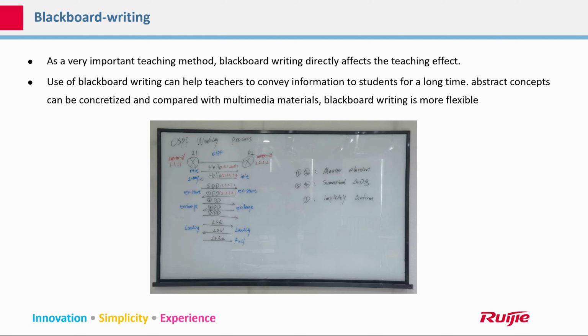As you can see in this figure, this is about the OSPF working process: the messages that R1 and R2 exchange during the neighbor relationship establishment and the states in this process. This is very complex, and there is a lot of detailed information to be remembered. By using the blackboard writing, we can easily write them down and record them on the board.